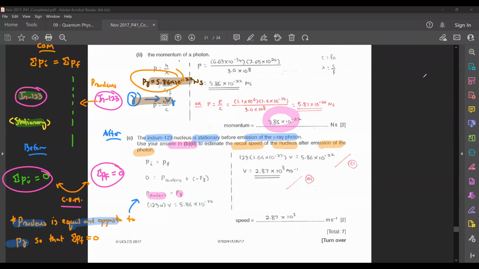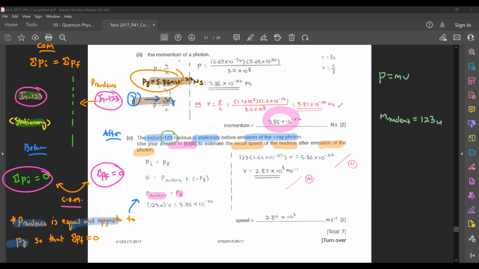From here, you expand out the equation. If you recall that momentum is the product of mass times velocity, what is the mass of the nucleus of indium 123 here in the first place? You would need to take the nucleon number of 123 and then multiply with the unified atomic mass. The mass of your nucleus here is the nucleon number 123 multiplied with your unified atomic mass.